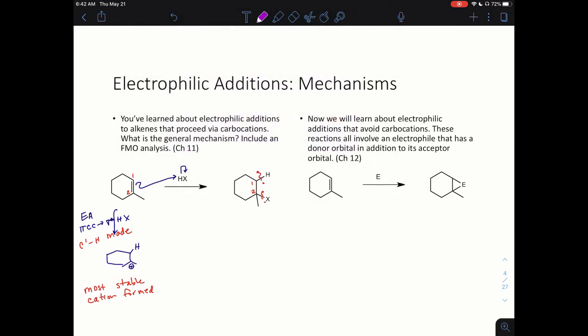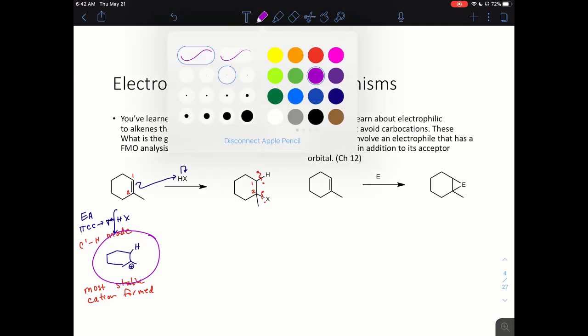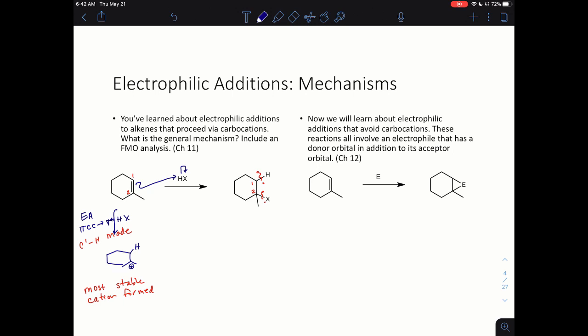This particular product is achiral and doesn't have any interesting stereochemistry, but we learned that you'll get a mixture of diastereomers often when possible, because this carbocation is flat and there can be attack in the next step, the coordination step, from the top face or the bottom face of that p orbital there, that flat carbocation carbon.